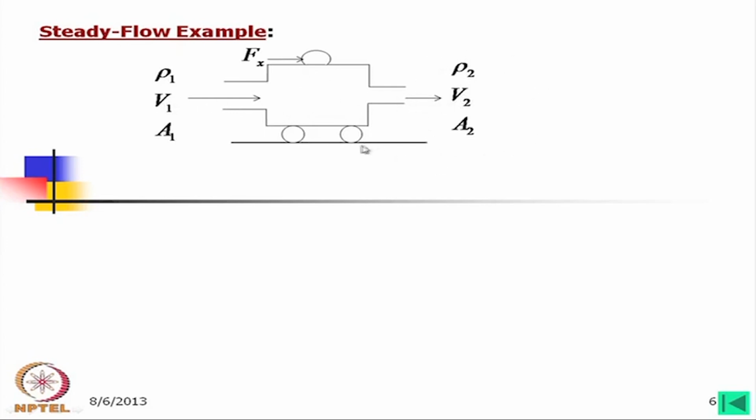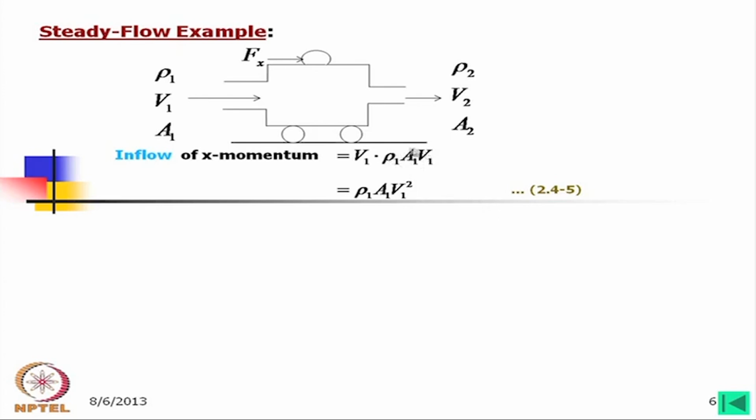Now, to balance this for equilibrium we apply a load Fx, and therefore, the relation we can write: inflow of x momentum is equal to V1 rho 1 A1 V1, that is equal to rho 1 A1 V1 square.